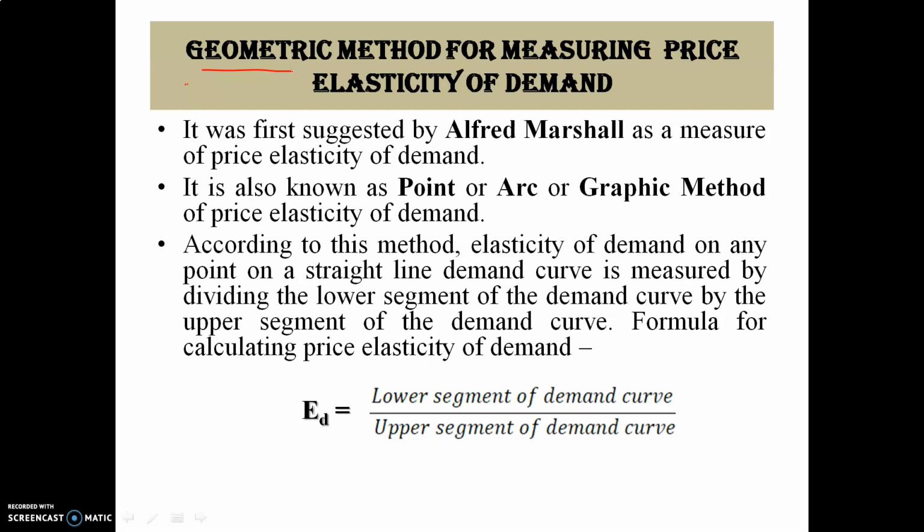From graphical method also we can simply obtain the price elasticity of demand, and this can be obtained with the help of the demand curve. It was put forward by Alfred Marshall. It is also known as point or arc or geometric method.